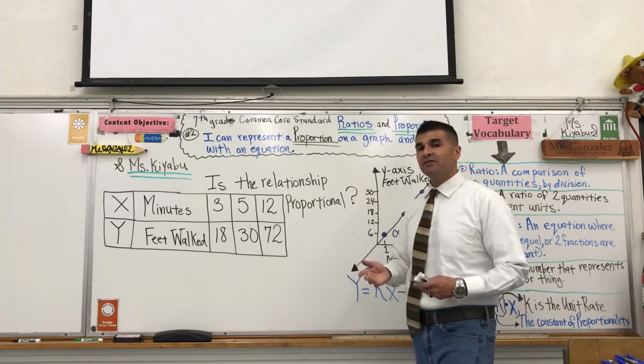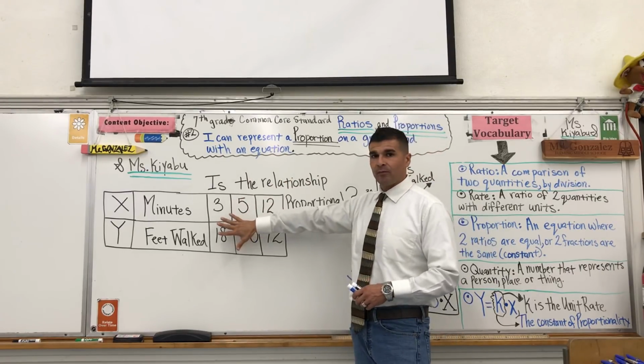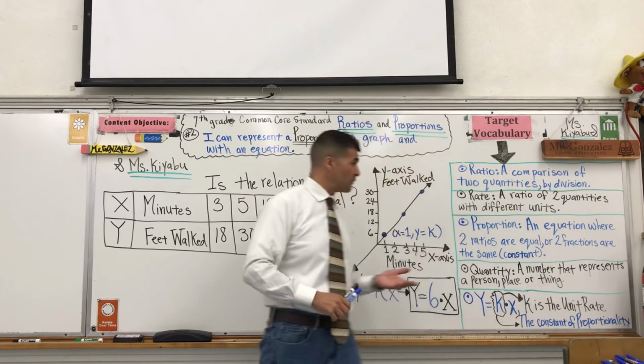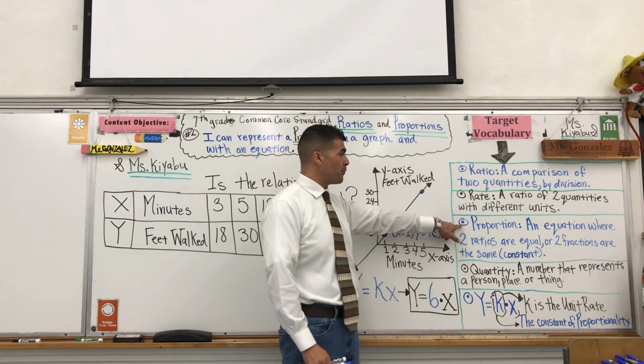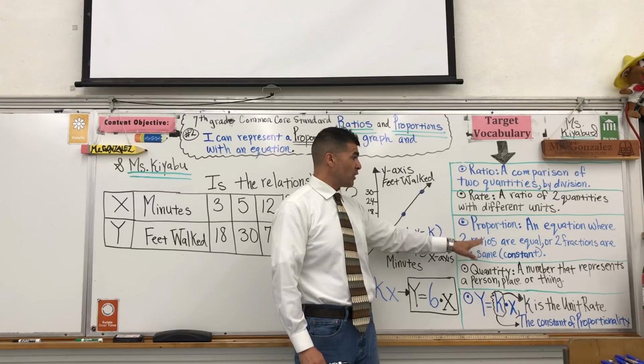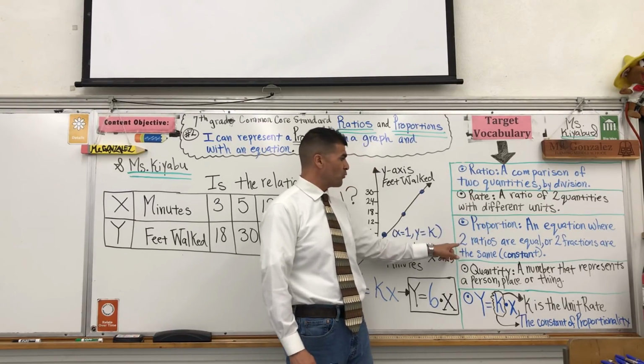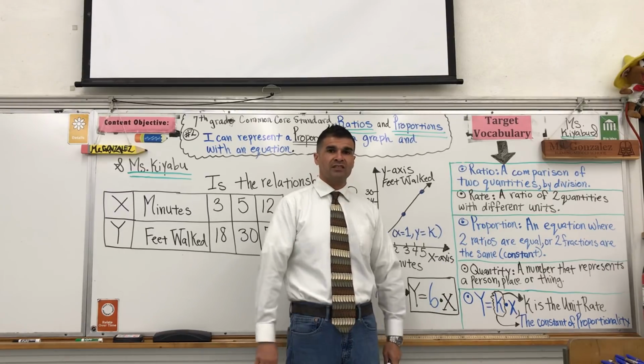Well, there's a couple of different ways that you can find that out. You can find it out using your table, because we know the definition of proportions already. A proportion is two equal ratios or two equal fractions. So an equation where two ratios or two fractions are the same.